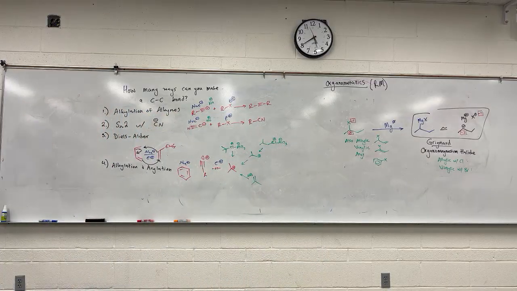I've shown you what the alkyl Grignard looks like. Can you show me the allylic and the vinylic and specify the halogen?